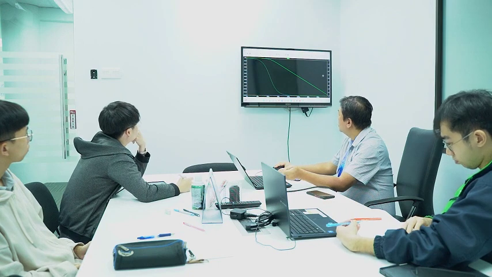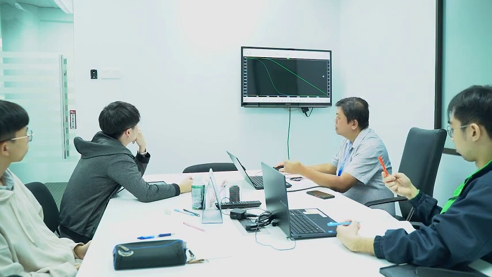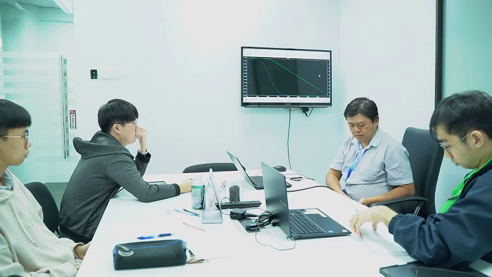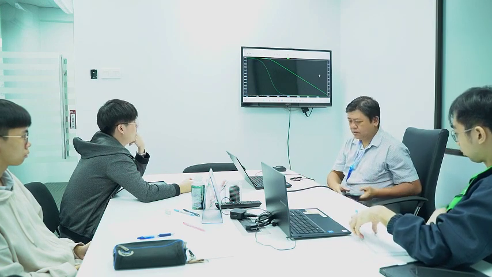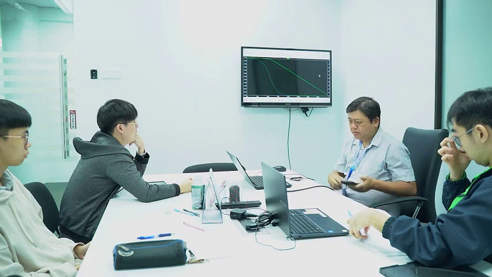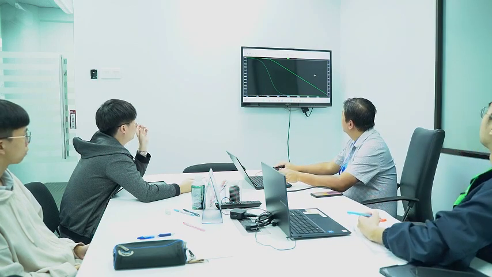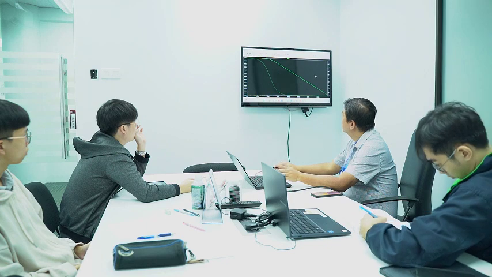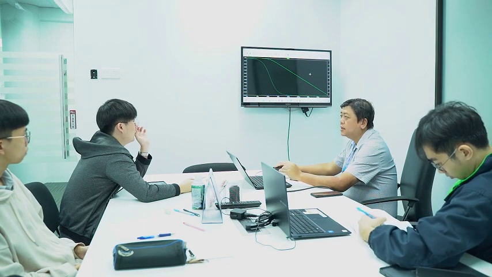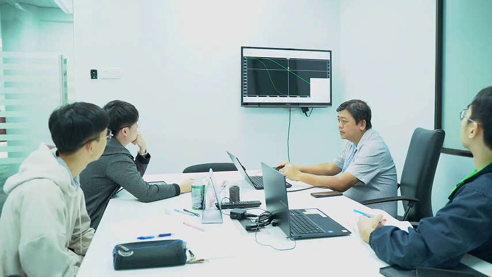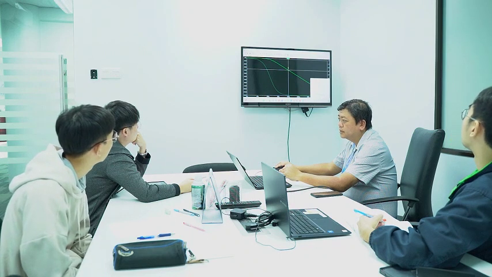Now, how do we define the bandwidth of the signal? It's always minus 3 dB. Look at here.